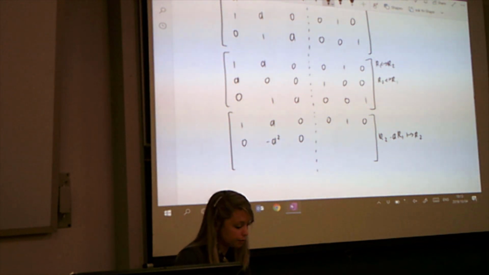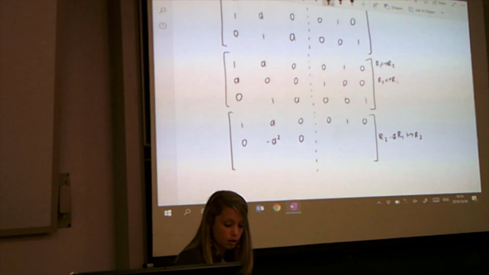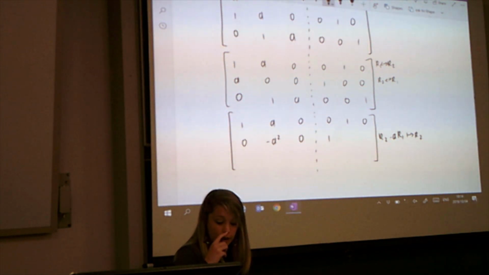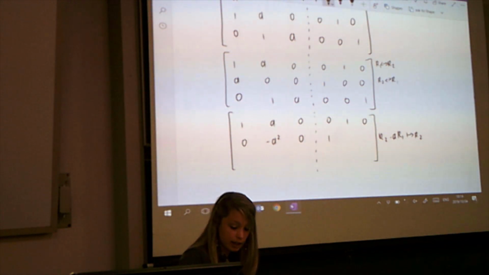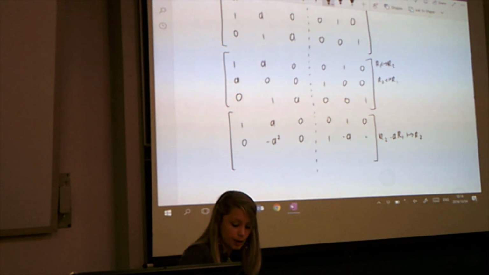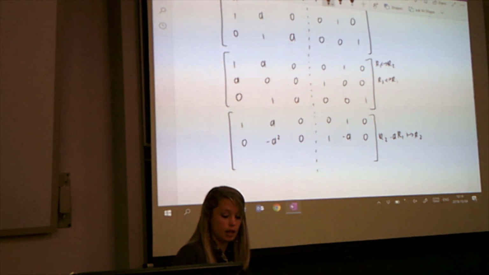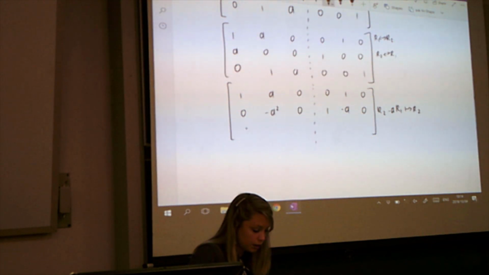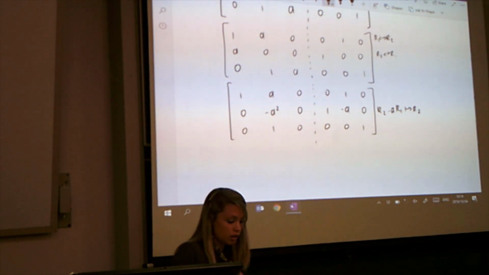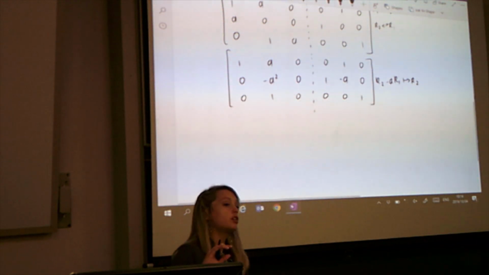Then 1 minus 0, so it's just 1. Then I'm going to have 0 minus A, so that's going to be just minus A. And then 0 minus 0 is 0. And then I'm just writing my third row down. What I'm going to do now is swap rows 2 and 3.